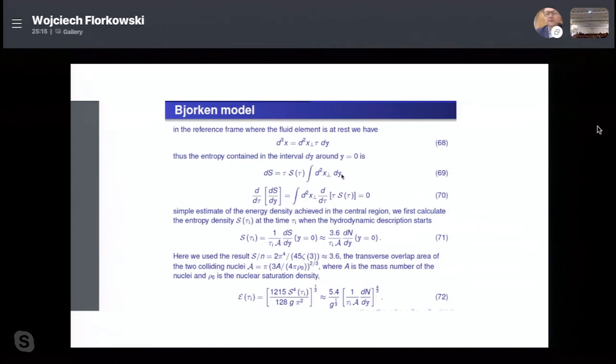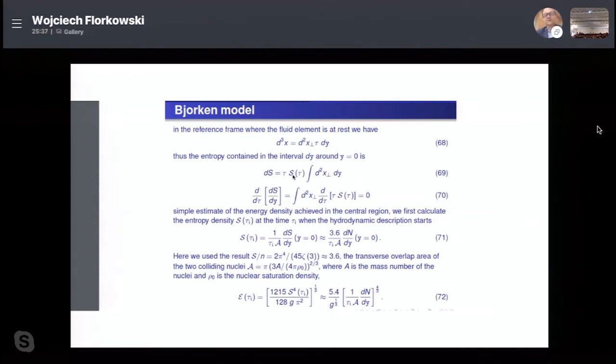And then, ds is s of tau times d3x. Then we do the integral. But because in this measure we have the proper time times dy, we can put in front of the integral the product of tau times s.